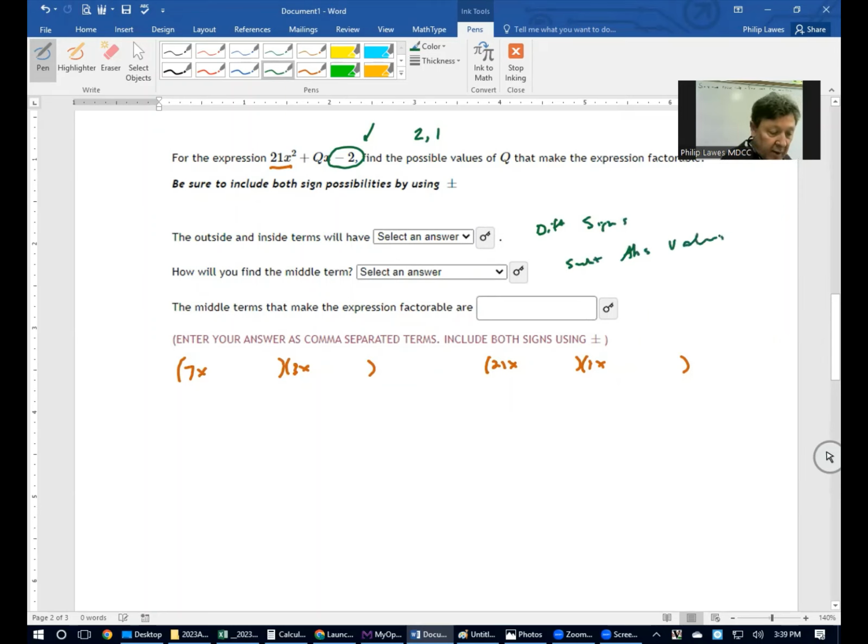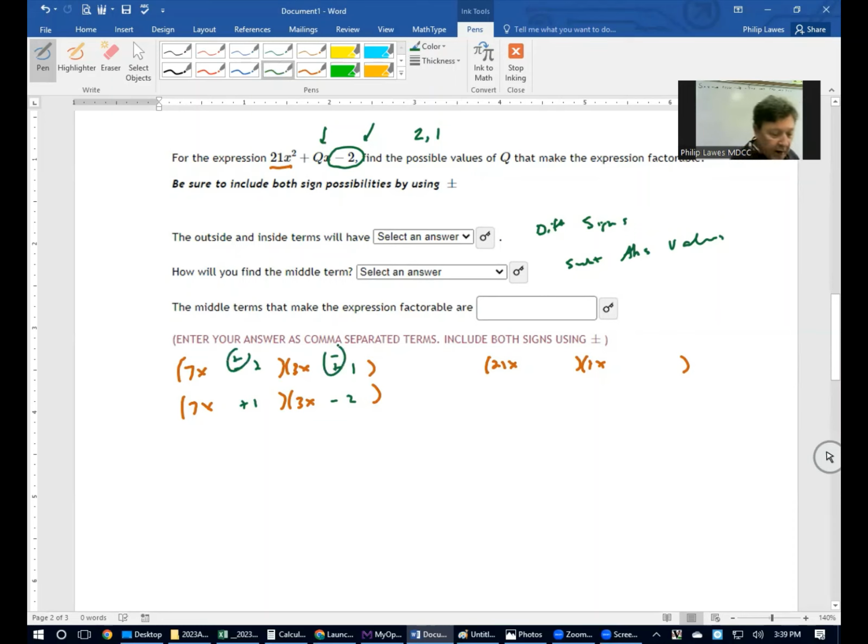Q is going to come from subtracting the absolute values. So I'm going to put a -2 and a +1, or a +1 and a -2. And that could be positive, that would be negative. Signs are going to be different.